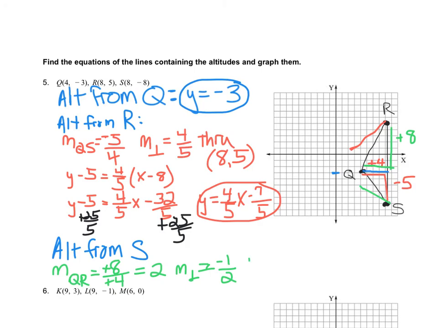And the altitude from S, we want to go through point S. So that's going to be through (8, -8).